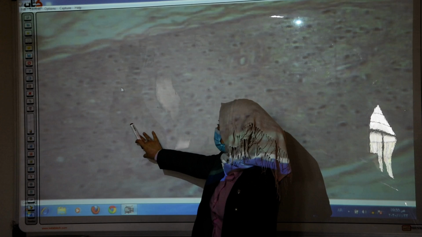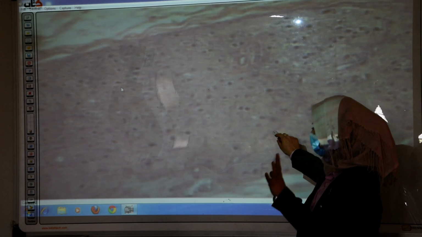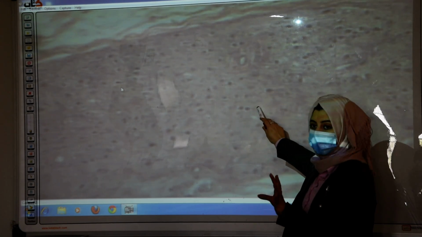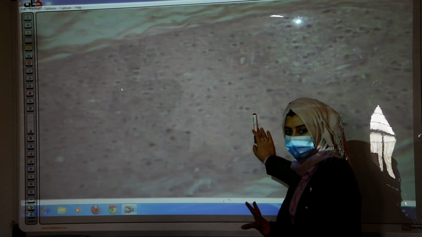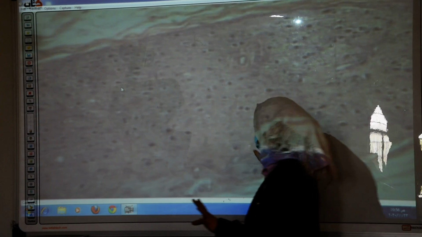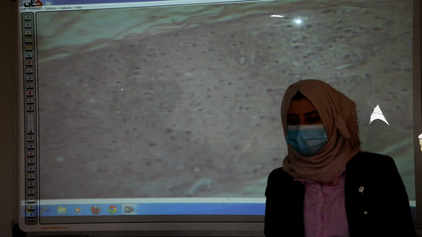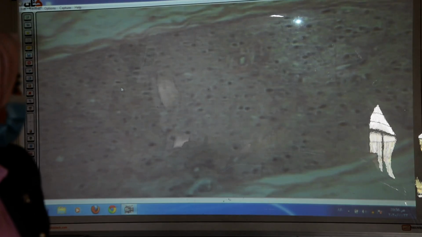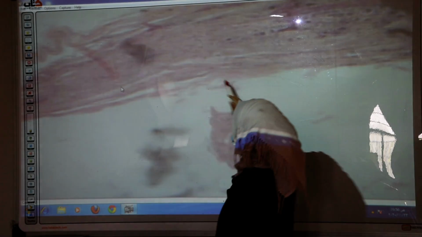All those are the cell bodies of neurons in the peripheral nervous system, in a ganglion, that are surrounded by Schwann cells and satellite cells that support these cells. Also, we can find the axons, or nerve fibers, at this part.